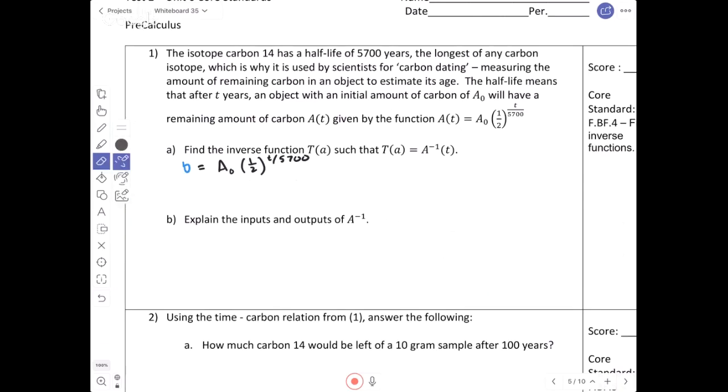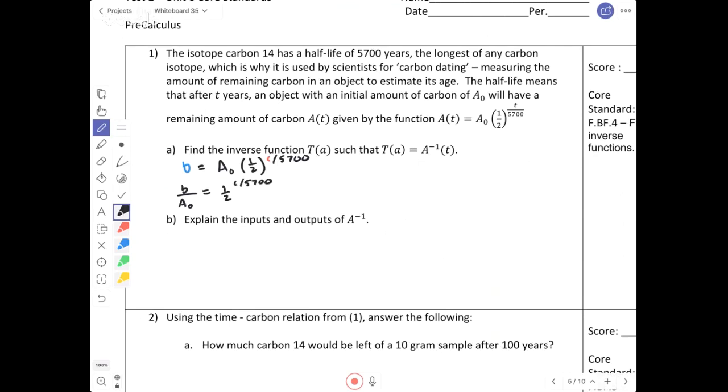And instead of t, I'm going to use my input variable, c. Cool. So now I want to solve this for c. So first divide by A0. So B over A0 equals 1/2 to the c over 5,700.